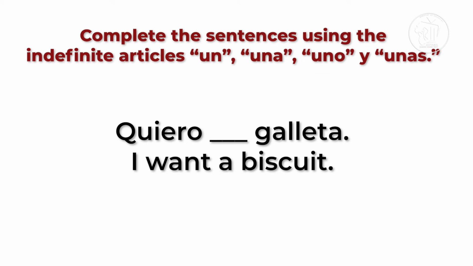In English, the sentence should be, I want a biscuit. Because the noun in front of the article is galleta and it ends with an A, we know it's a singular feminine noun. So the indefinite article to use should be una. Quiero una galleta.